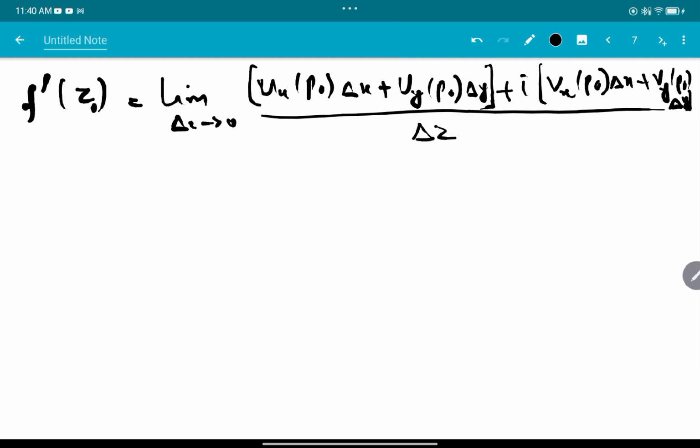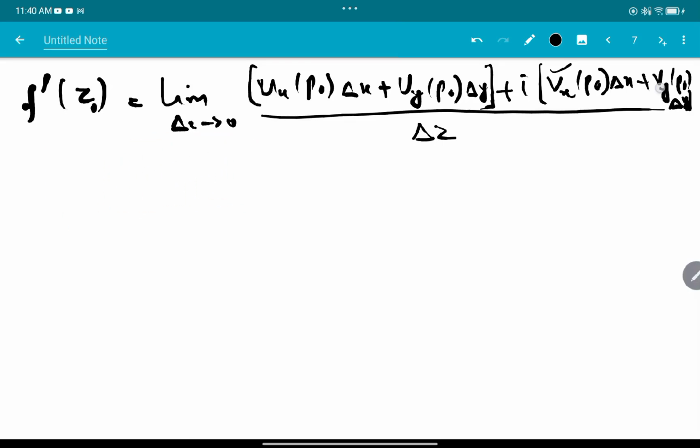Now last thing, I am going to use the CR equations. I will convert this into something like this. I have a Cauchy-Riemann equation, vx is equal to minus uy.